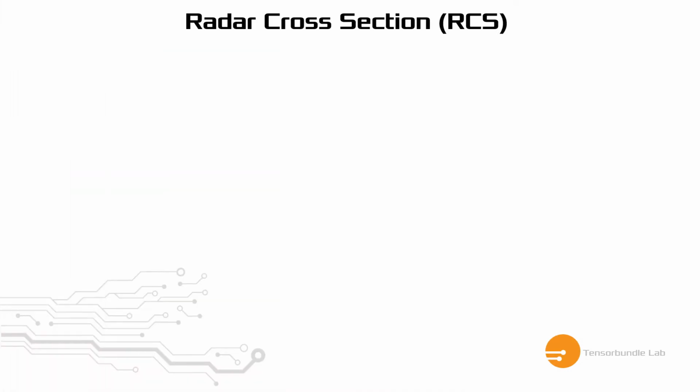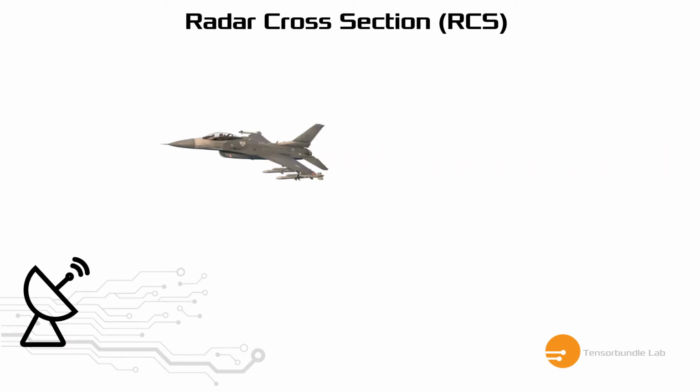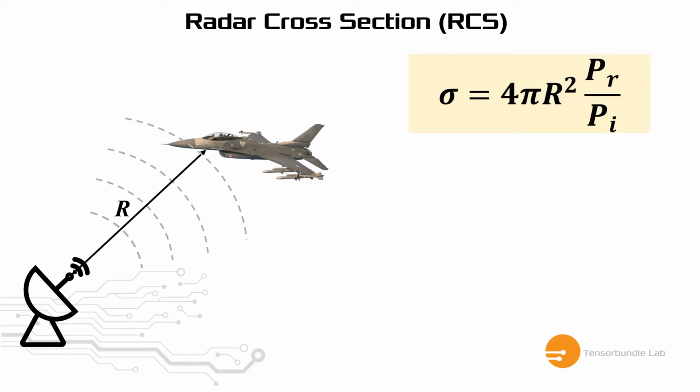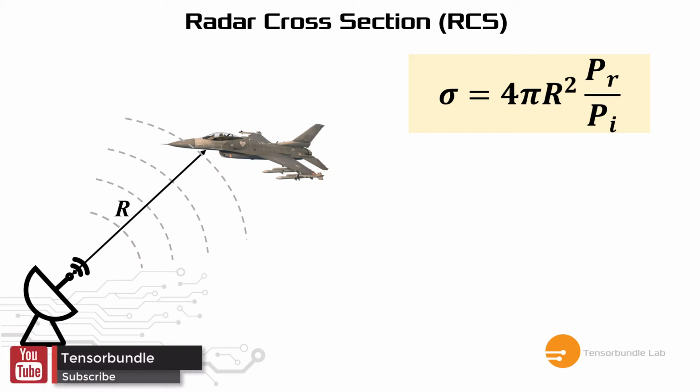And basically the definition of RCS is dependent on several factors. For example, if we have a target located from the radar at a distance of r, then we can express the RCS of the target by using this equation.